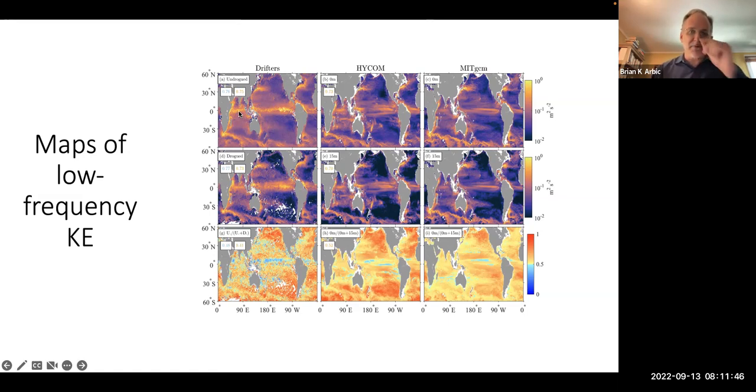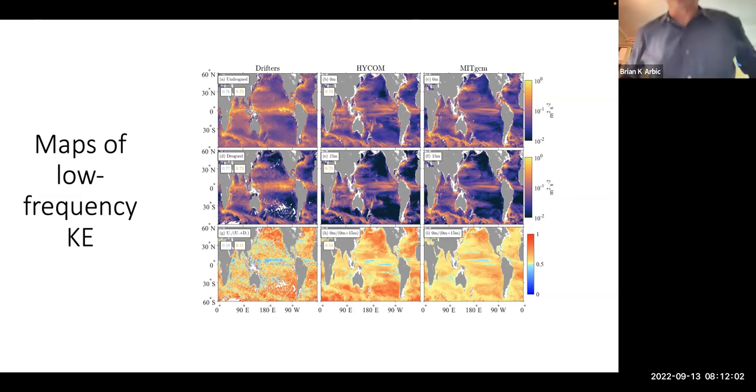One thing that's worth mentioning right away is that in Yu et al., what Shane Elipot did for that paper was take 60-day segments of the drifters and compute the spectra in various bands from each segment, and he assigned the energy values to the mean position of that 60-day drifter segment. And because of divergence at the equator, he ended up not getting much data on equatorial points.